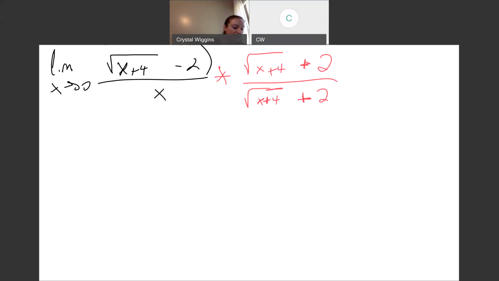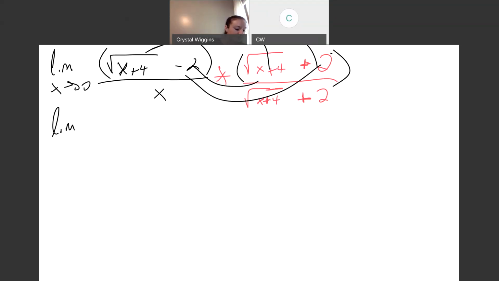Okay, so now think of these as a binomial times a binomial, and we have to distribute just like we just did in the last example. So let me put this limit part out because we haven't taken the limit yet. If I stop writing it, then sometimes we forget to actually do that part in the end. So we have the square root times the square root. Same thing times the same thing gives you that thing squared. So we have the square root of x plus 4 times itself, which essentially is squared. And then we have the square root of x plus 4 times 2, so plus 2 square root of x plus 4.